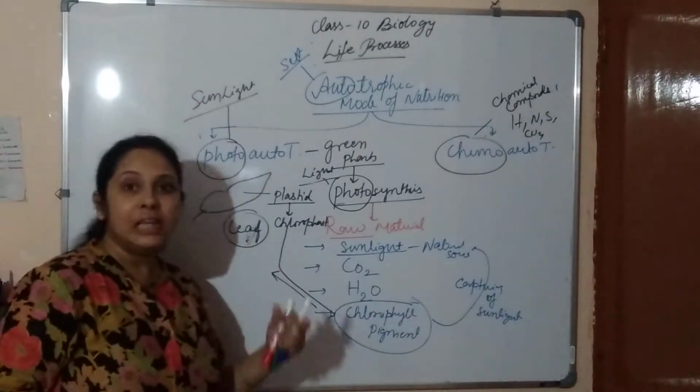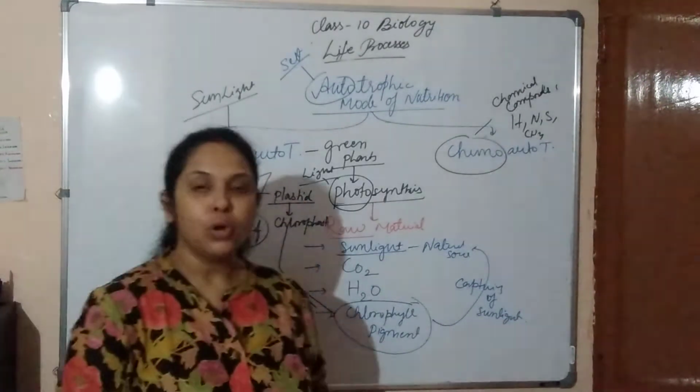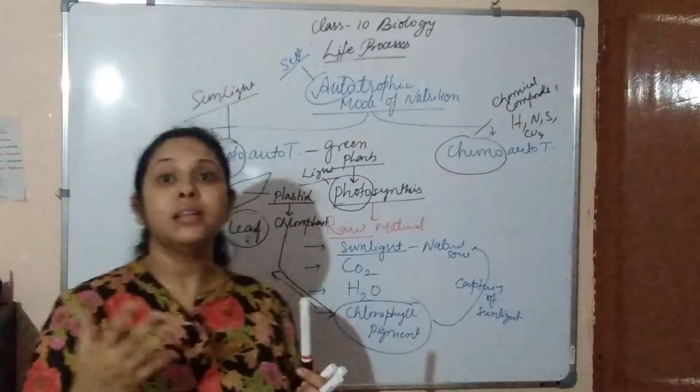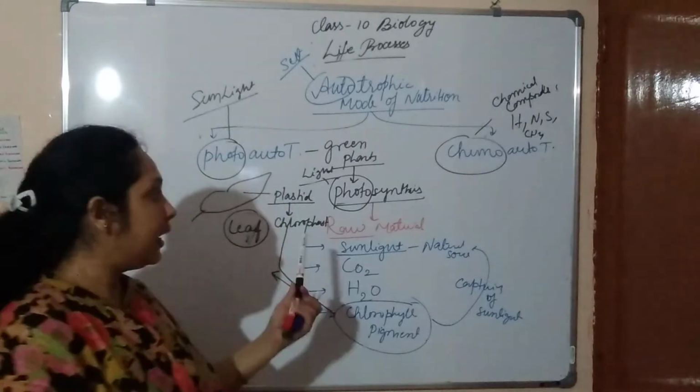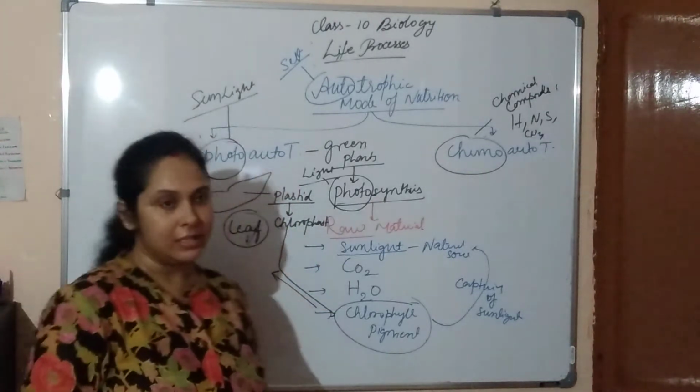That's why the leaf is also known as the kitchen of the plant, where the basic organic food materials are synthesized by the process called photosynthesis.